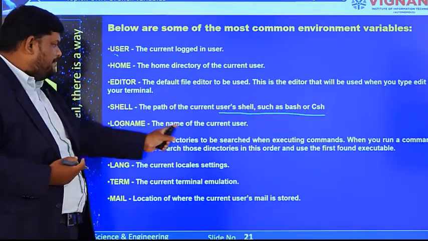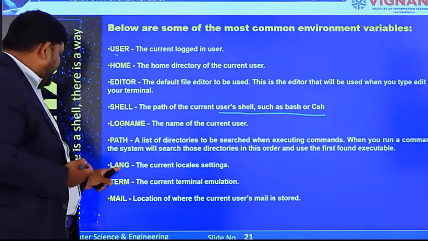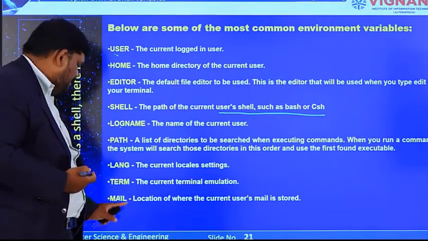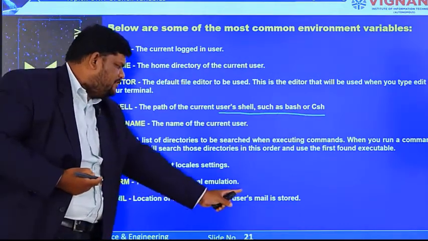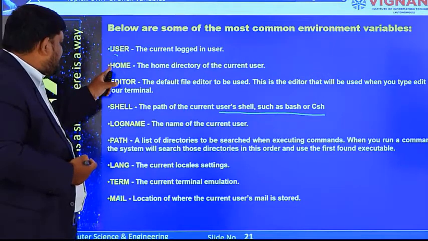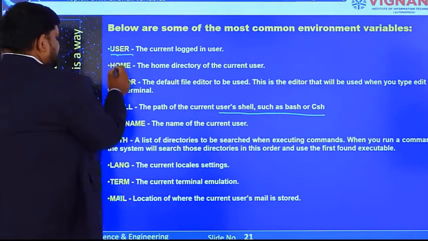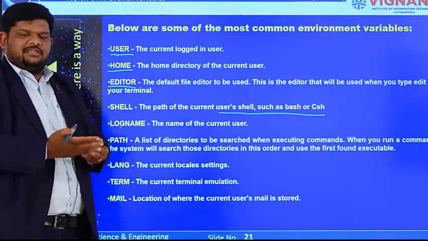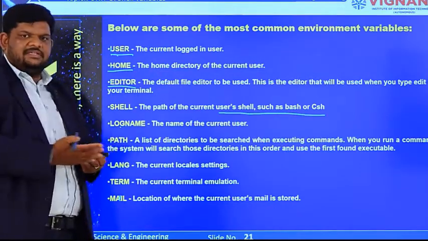LOGNAME is the name of the current user, LANG is the current locale settings, and MAIL is the location where the current user's mail is stored. Whatever you want, with the help of these environmental variables, we can get the particular output of the existing shell.